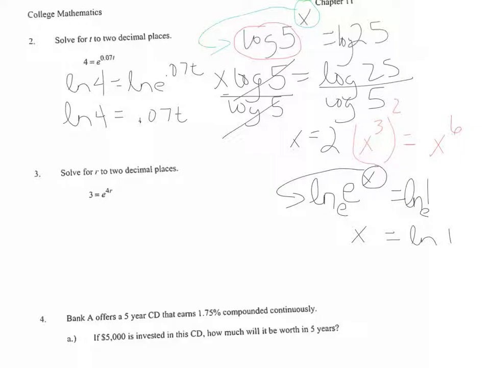Now that I've taken care of getting the t out of the exponent, all I have to do to solve this is what? Solve for t by, there you go, dividing both sides by 0.07.